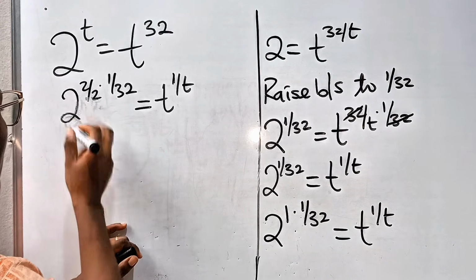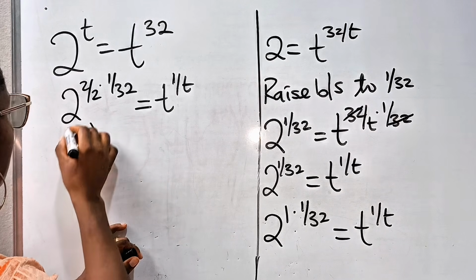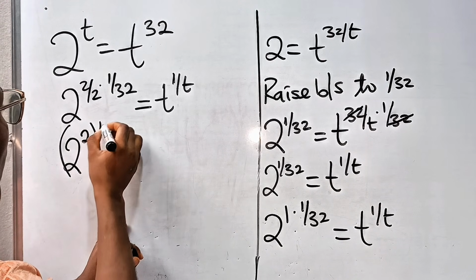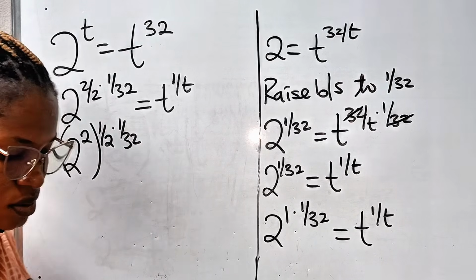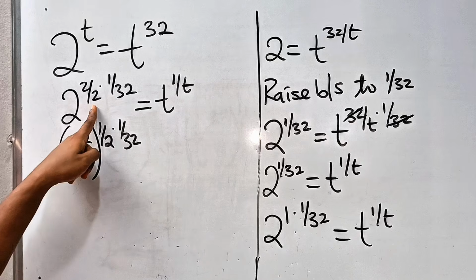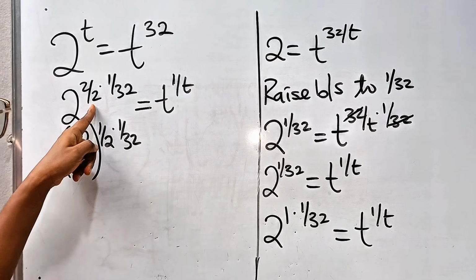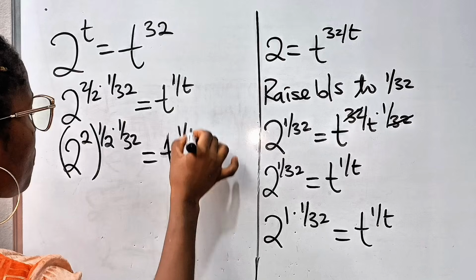So let's bring these two in. 2 to the power of 2. Then we have 1 over 2 multiplied by 1 over 32. So I actually brought these two in and I left these two outside. Is equal to t to the power of 1 over t.